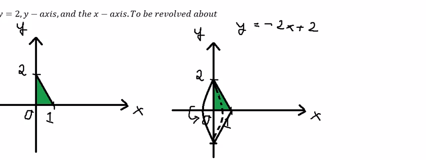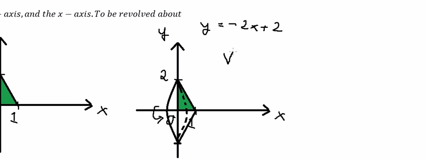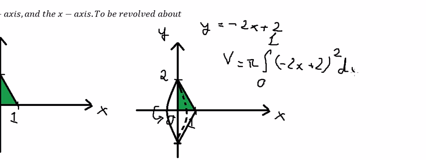So the volume of this situation, you get V equals pi multiplied with the integral from 0 to 1 of negative 2x plus 2 to the power of 2 dx, and you can find the volume in here.